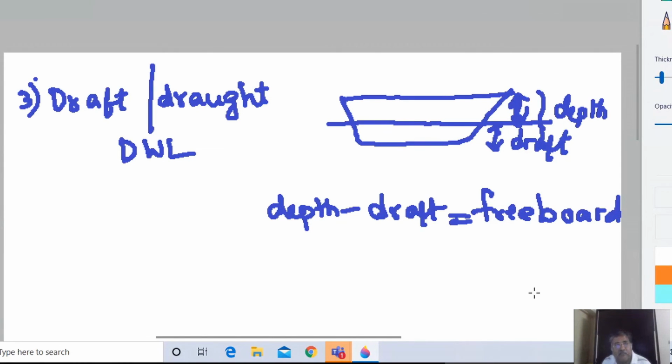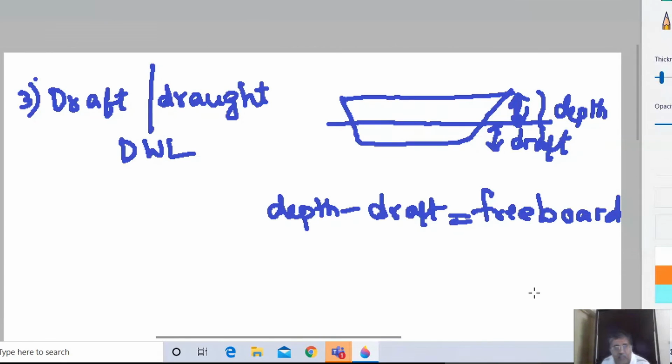Please remember these terms, these are basic nomenclatures that you will need to know in the department. Draft is probably going to be the most important term in this course. Then the freeboard is something you should know, of course.